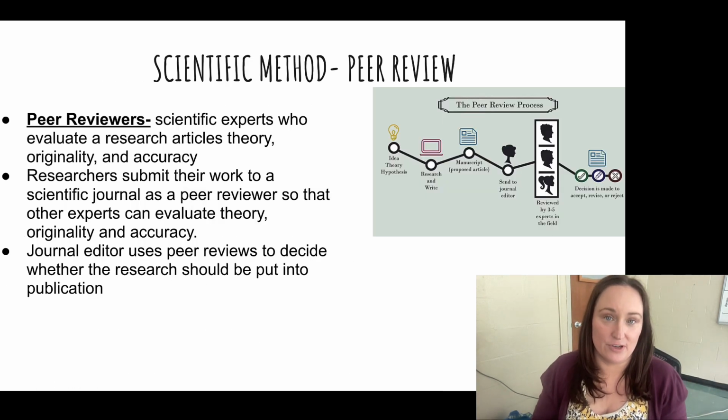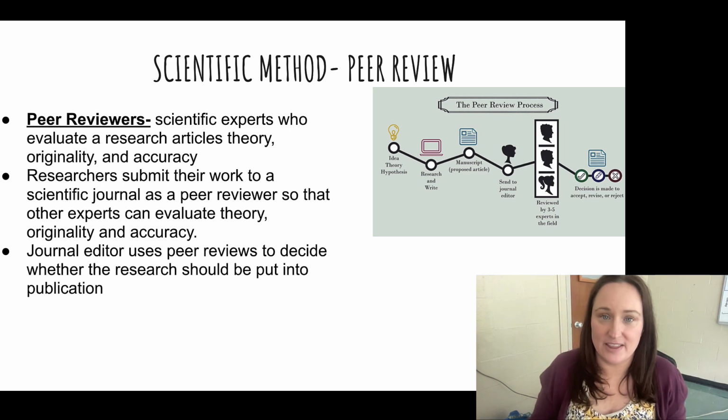When we are going through the scientific process, we use a peer review process. So you come up with your theory, you come up with your hypothesis, and then once you've gone through your research, you've written your article, you have other qualified researchers review the content. Make sure that it's original.